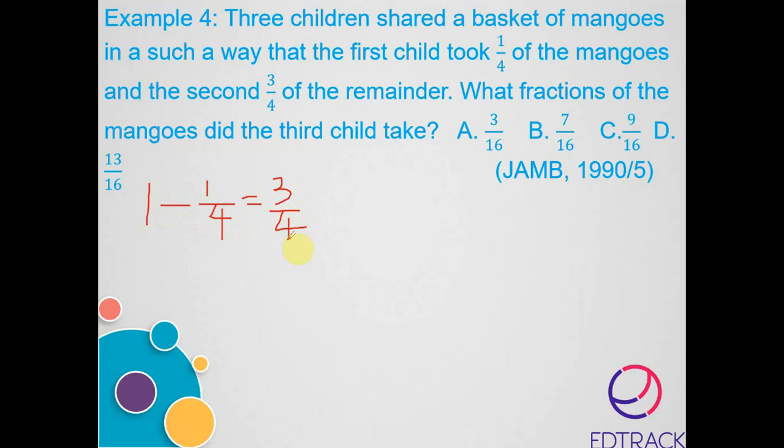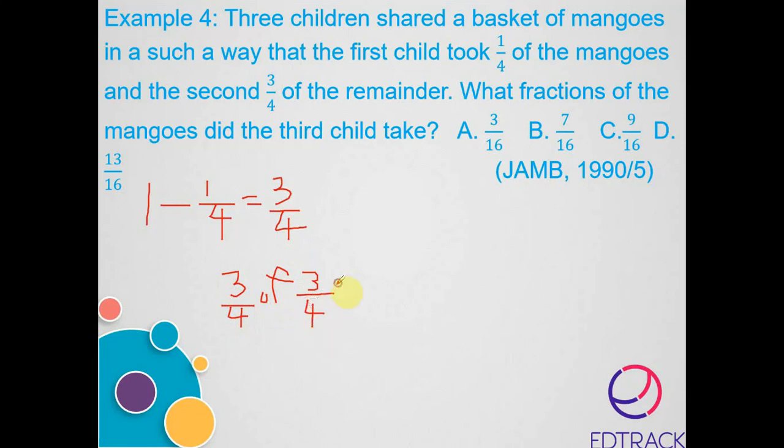Now, the second child took 3/4 of the remainder. They didn't say 3/4 from the remainder. They said 3/4 of the remainder, which means we need to do 3/4 of the remainder, and that remainder is 3/4. Then, which means 3/4 of 3/4.